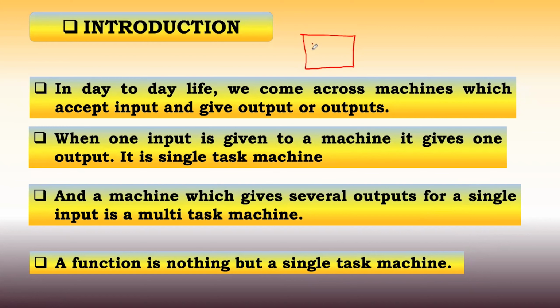In this switchboard, you can see there are switches, right? And one socket is also there, right? And these switches are connected with some tube lights or the fans, right?